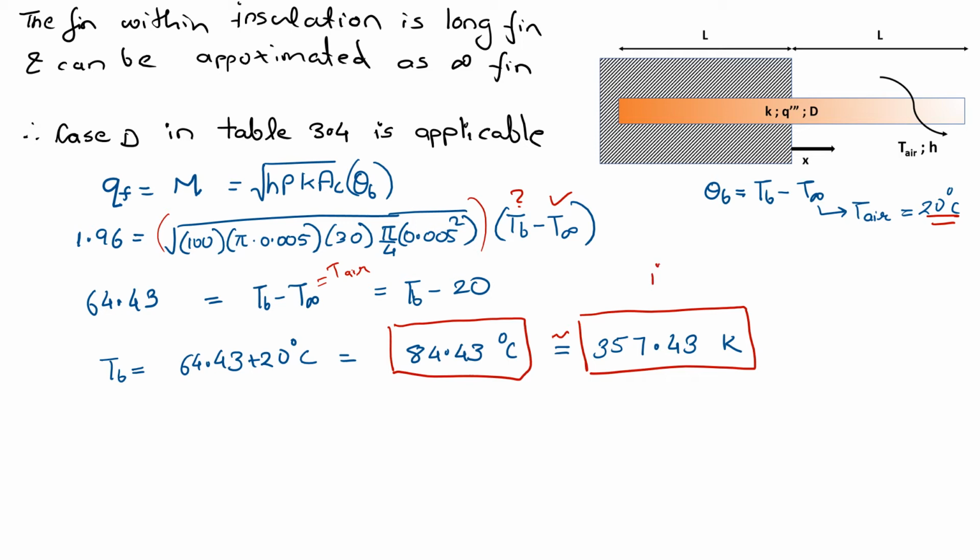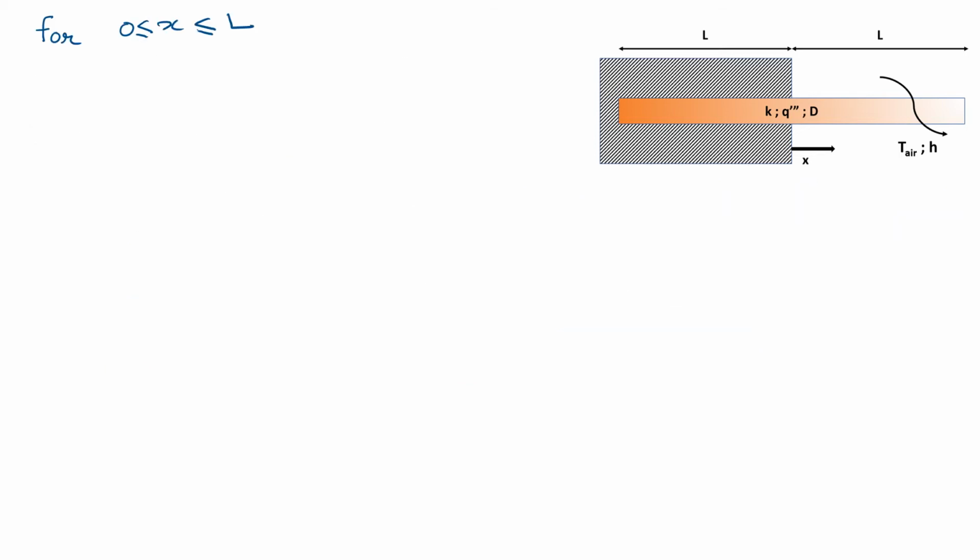So your conversion from degrees Celsius to Kelvin is approximately 273. So you need to add 273 to your temperature in Celsius.